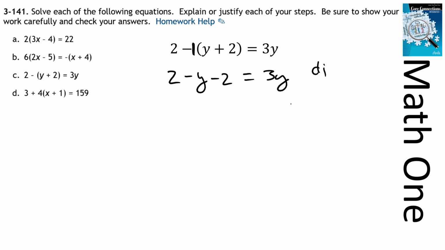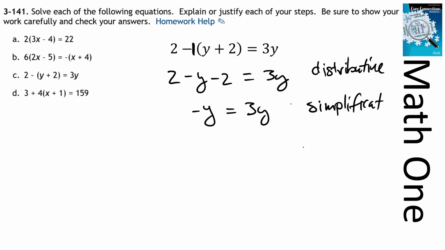So again, distributive property. If I simplify the left-hand side, I've got a 2 and a negative 2. So this ends up just being negative y equals 3y.